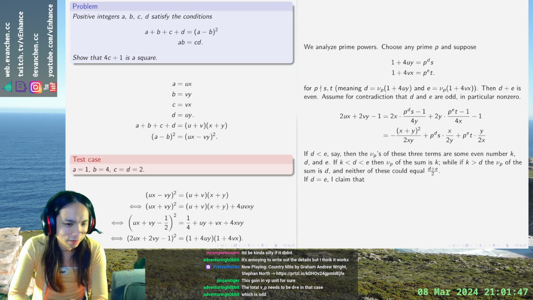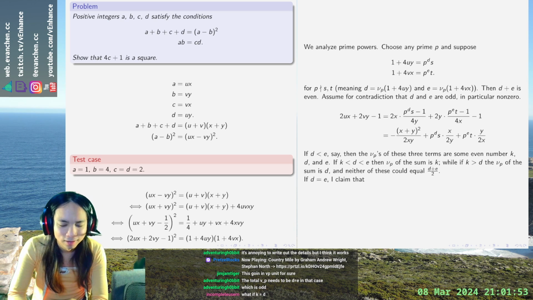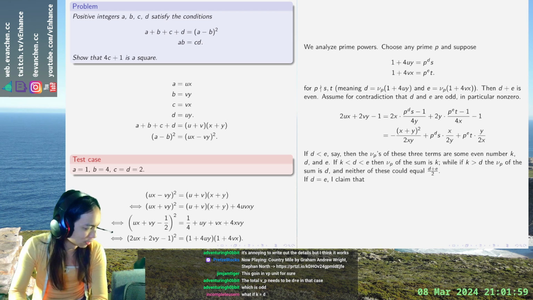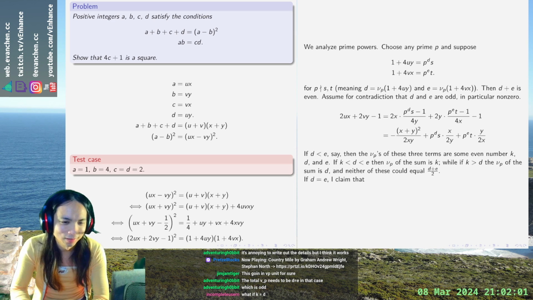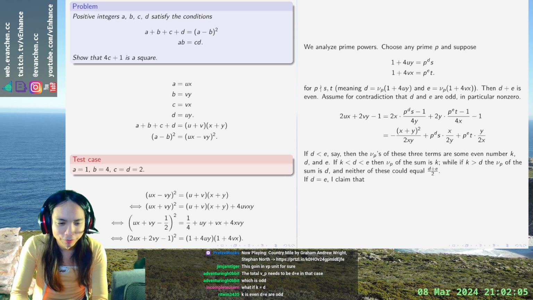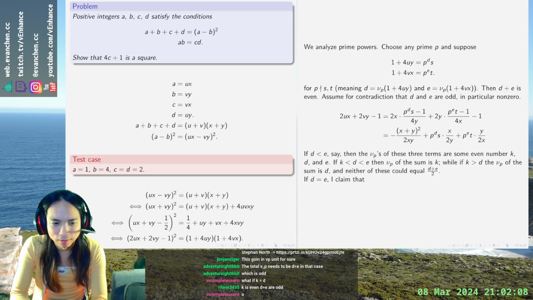Which is odd. Yeah, and what's wrong with that? Why is that a contradiction? Oh, K doesn't matter, because K is even, right? So that's okay. So if K is strictly less than D equals E, we're also okay.